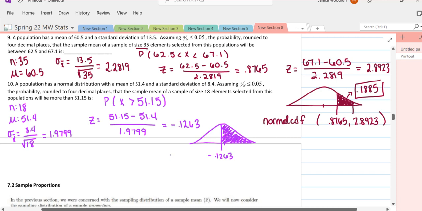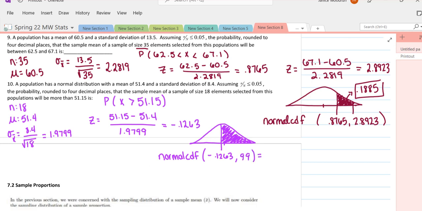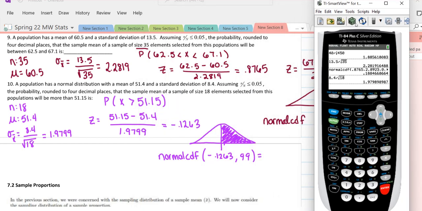So that's going to be normal CDF, negative 0.1263, 99. And we get 0.5503.